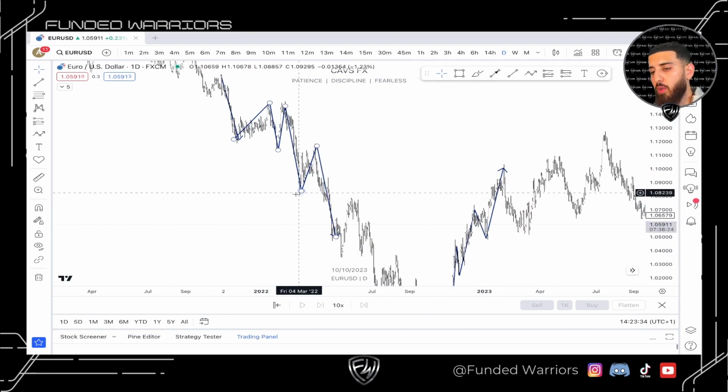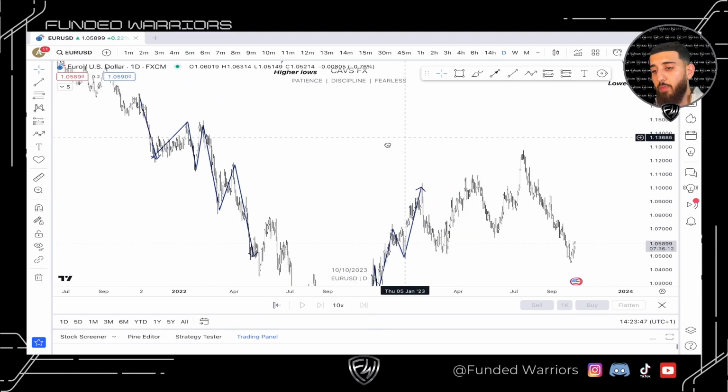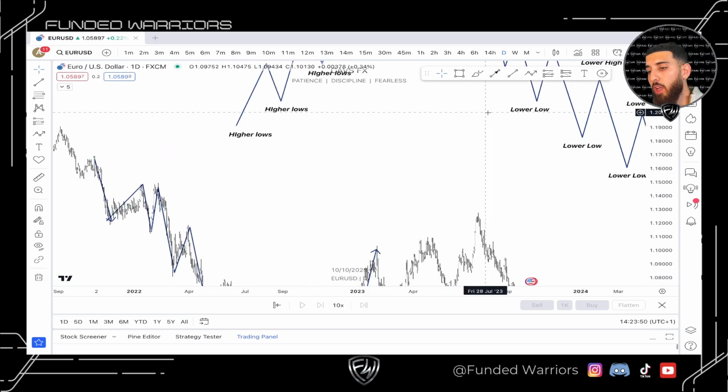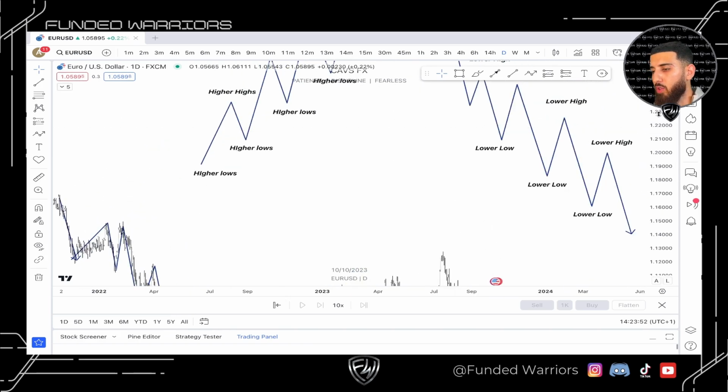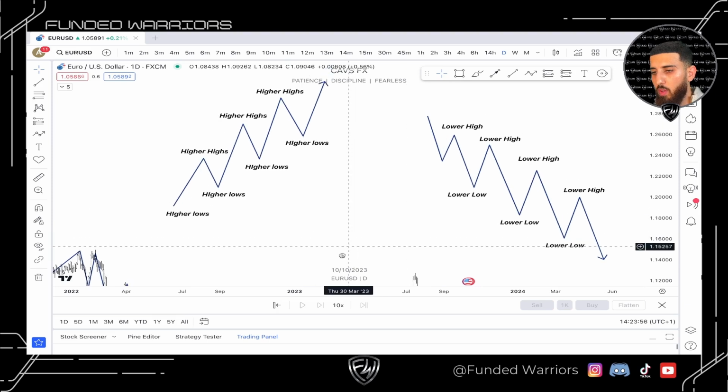Price came back up, then of course came back up, however didn't break through the previous lower high, therefore it creates a new lower high. So that's the difference between a bullish trend and a bearish trend. We'll quickly go ahead and label them both out.